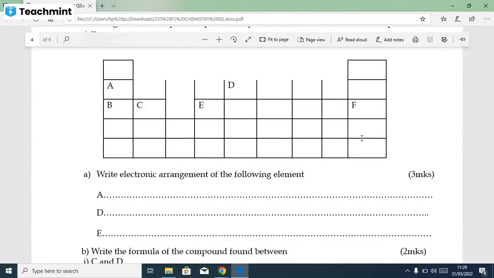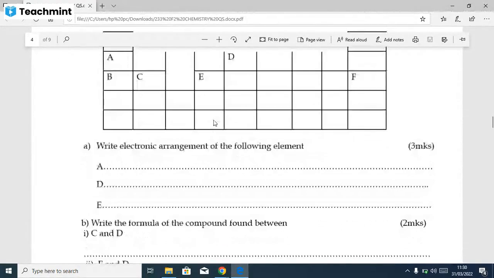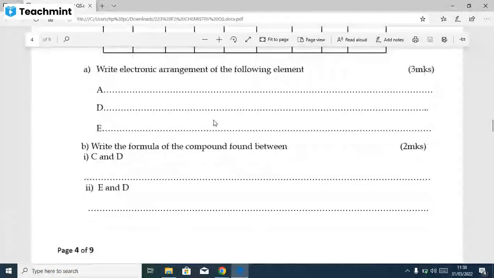Wait, there is something I want to note here. 2, 4. Continue, the other one, E. 2, 8, 3. Very correct. That is completely correct. Okay, part B.